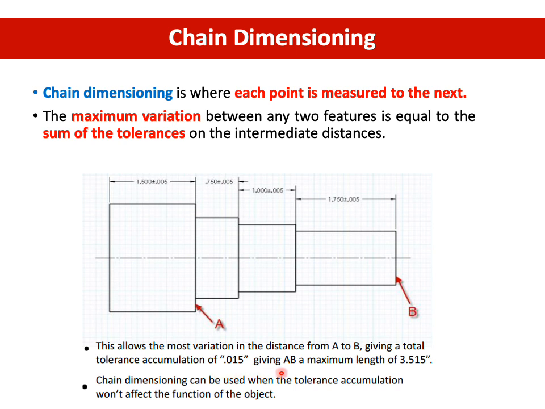So it will give you the total length of AB as 3.515. So this is one way to do the dimensioning when having too many tolerance limits. This is chain, so you just need to total out from this point.